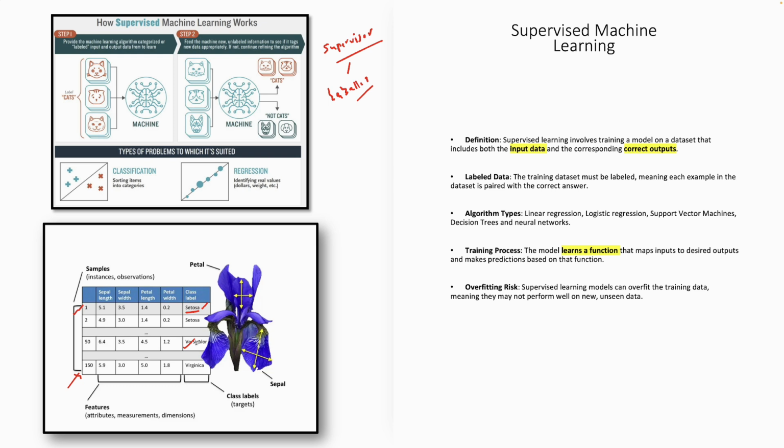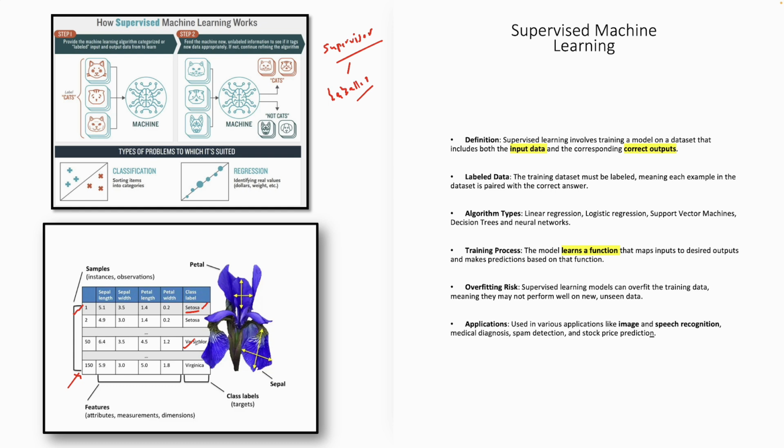But what if you give some unseen data to it? Obviously, you won't get the accuracy. So supervised machine learning models can overfit the training data, meaning they may not perform well on new or unseen data, right? With training data, everything is going well and your model is performing, but suddenly some unseen data comes up which the model is not aware of, and it can give you inaccurate results, right?